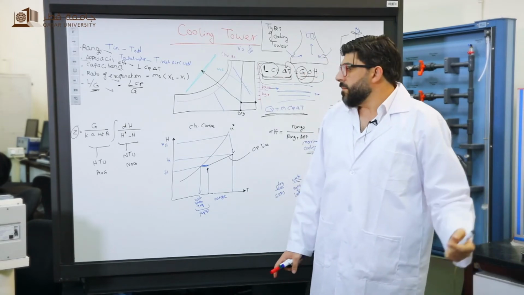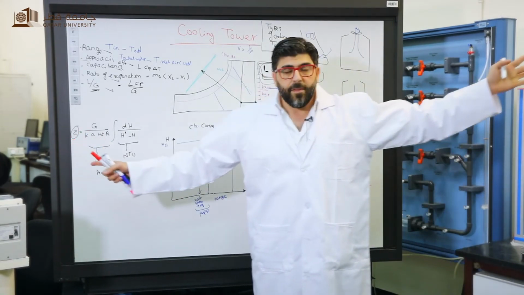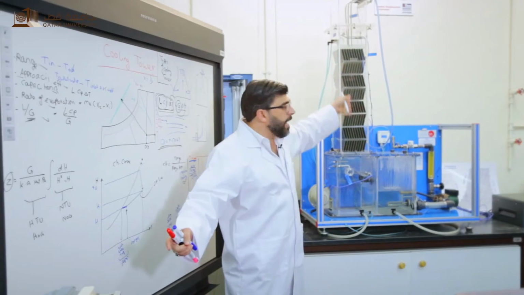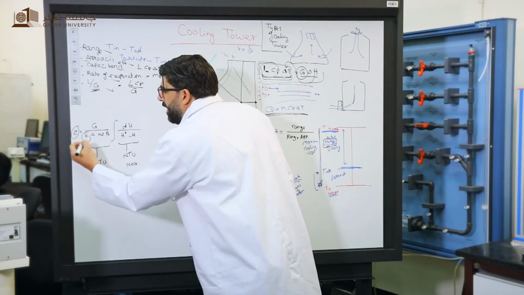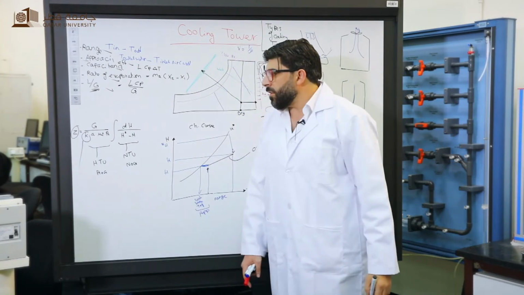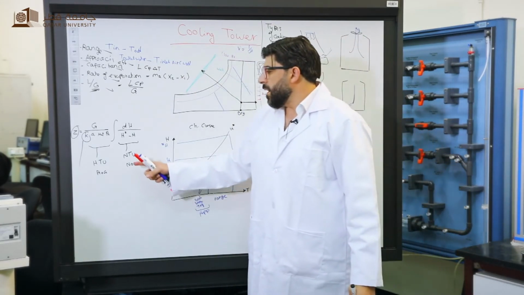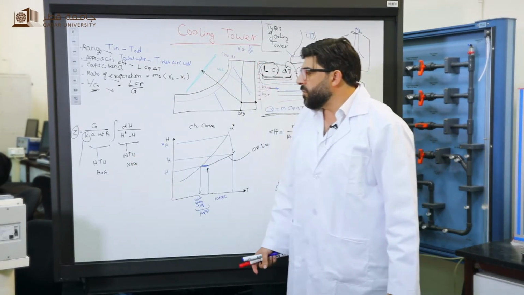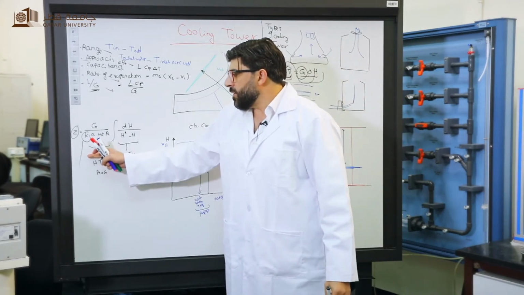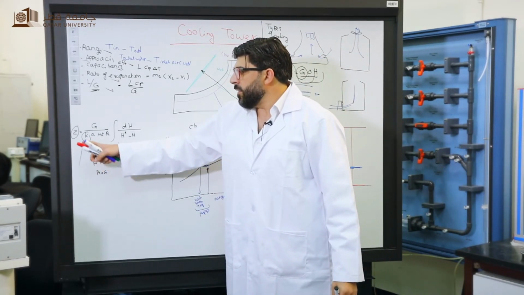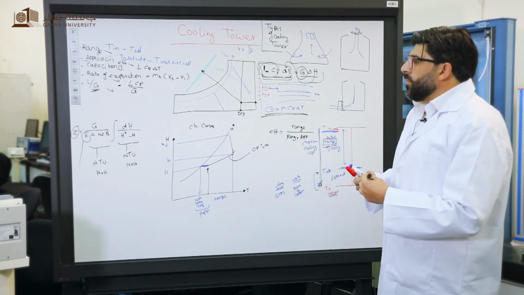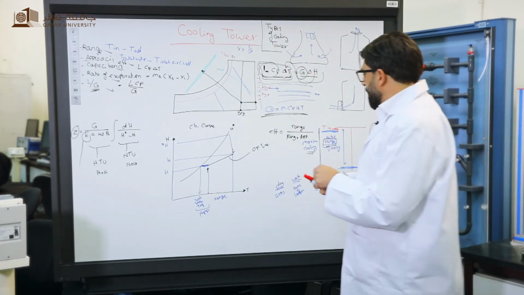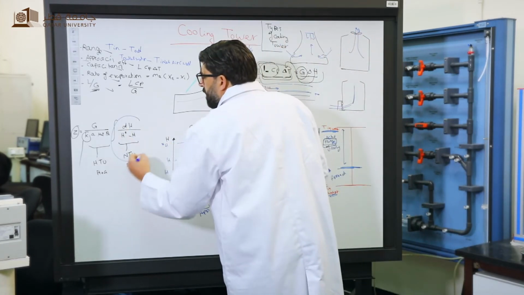Now in the lab, the height is already given, because I know the height of the cooling tower. But the requirement is to determine the K. So in order to determine K, you have to determine the number of transfer units and the height of transfer unit, then you can find K. Now, how to find this part, the number of transfer units?